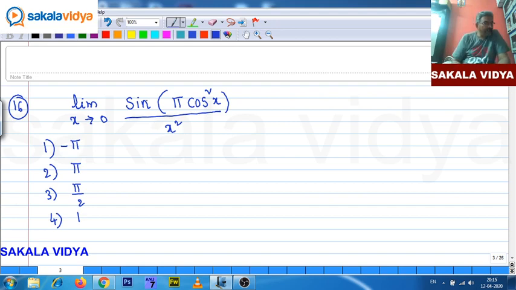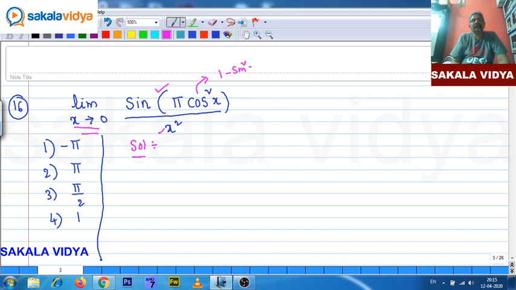Okay. So now limit x extends to 0, sin of pi cos square x by x square. So let us change this cos square x as 1 minus sine square x. See, let us see what we get now.